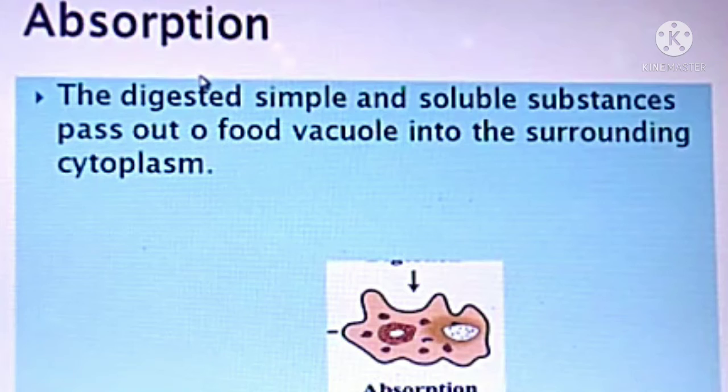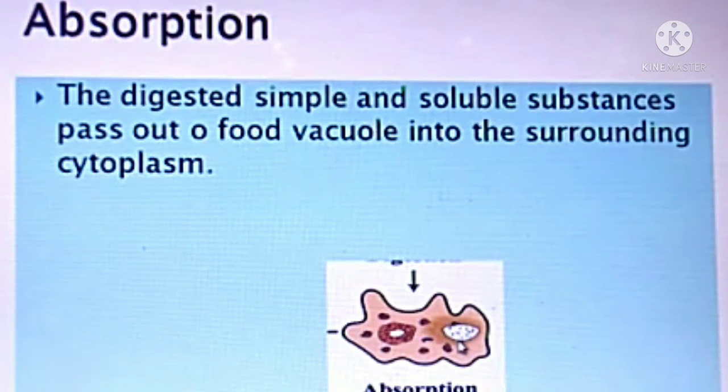That is absorption. Absorption means the digested simple and soluble substance passes out of the food vacuole into the surrounding cytoplasm. What is digestion? The conversion of complex substance into simple substance. This conversion takes place in the food vacuole with the help of enzymes present there.